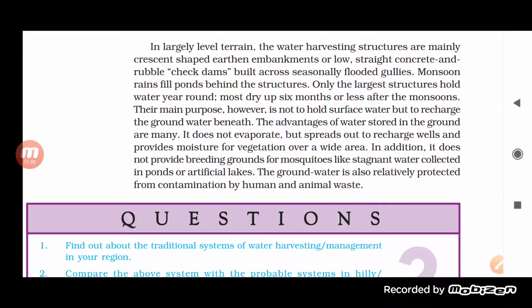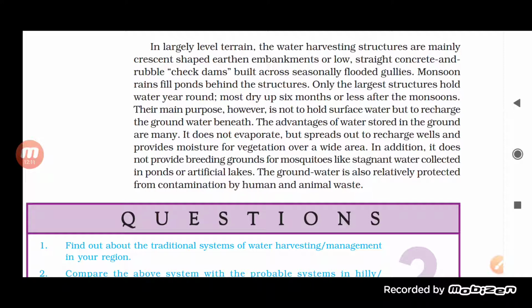And the second thing, which is very important, is that it recharges the underground wells and helps in increasing the water level. So that will be used for the moisture. And you know that if our wells are recharged, it will be easy for us to do the vegetation over a wide area.